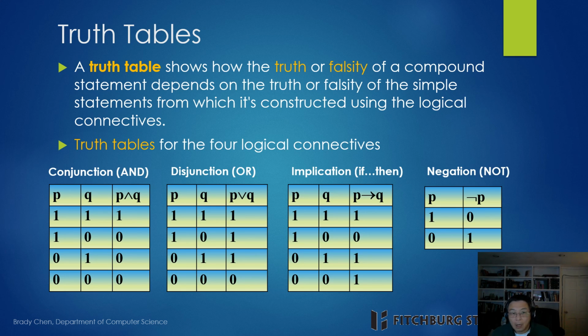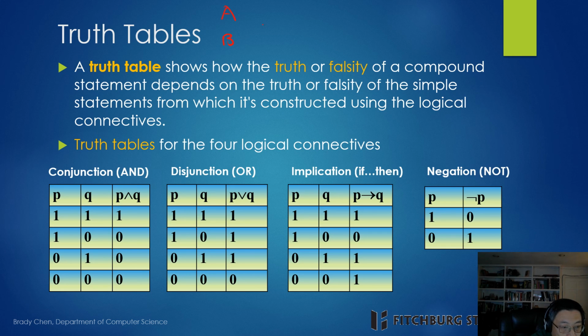However, when we build a more complicated one, the question we're going to ask is, what's the value of this complicated proposition, if the value of the simpler propositions is known. In the previous example we just talked about, we have two statements, A and B. A says John is married, and B says John's wife is married.